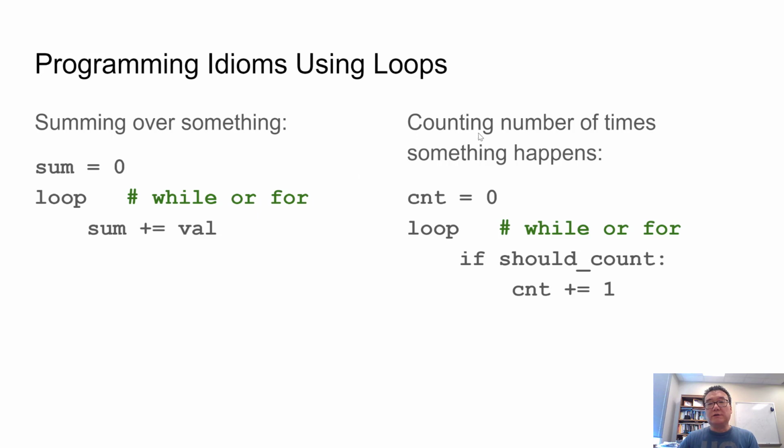Another common idiom is if we want to count the number of times something happens. So for example, if we are counting the number of times an item appears in the list, we'll be doing something like this. We initialize the count, the result, to be 0, and then we loop. And then inside the loop, there will be an if statement. We'll be checking whether this element is something we should count.